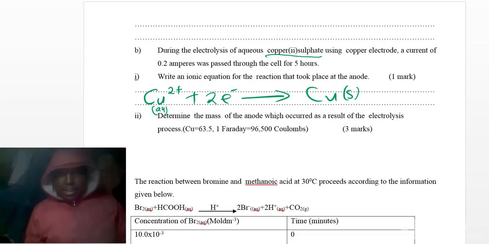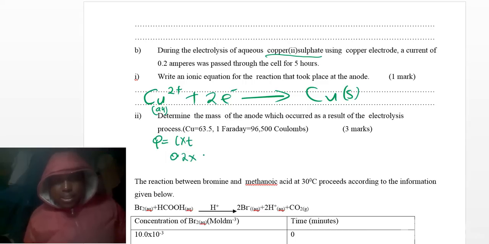Determine the mass at the anode. But before we go, we must get the quantity of electricity, which will be equal to I times time. I represents the current, so the current is 0.2 times time, which is 5, and we multiply by 60 to make it minutes into seconds.